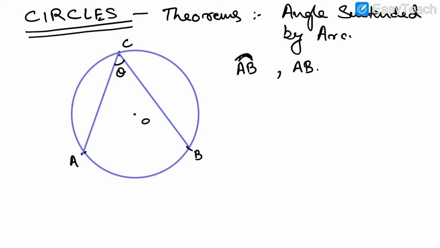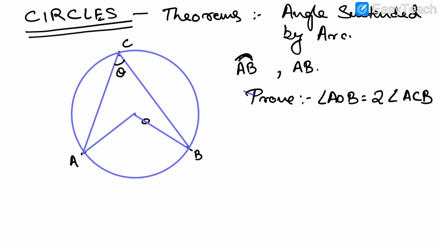And this angle AOB is the angle subtended by arc AB at the center O. So the theorem we have to prove is that the angle subtended by any arc at the center of the circle, that is angle AOB, is twice angle ACB.